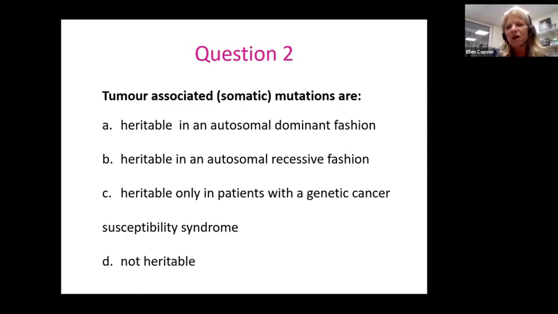And those are by definition, in their own right, never heritable. You will have somatic mutations in patients with a genetic cancer susceptibility syndrome, but those somatic mutations, on the face of it, are not inheritable and can't be inherited by your offspring.